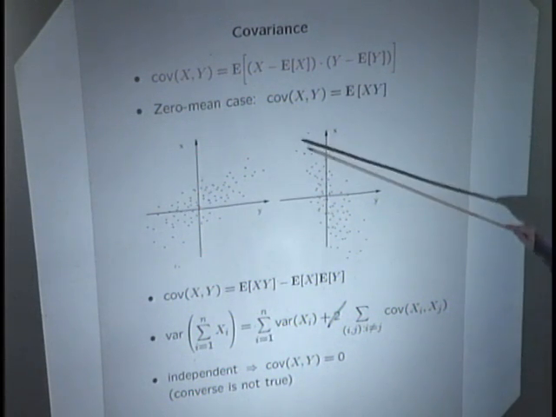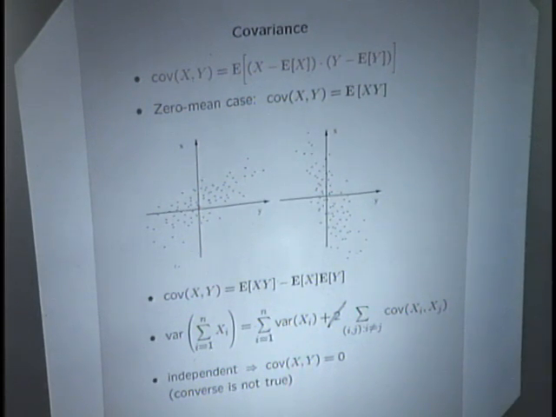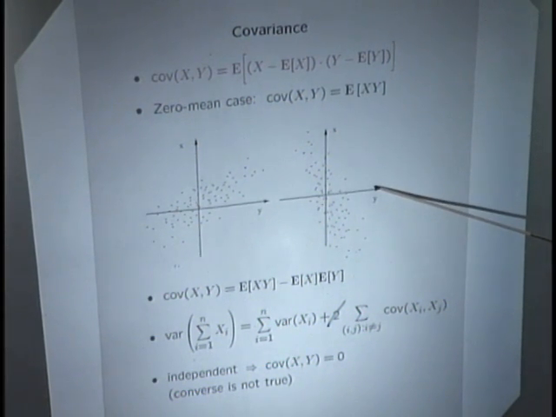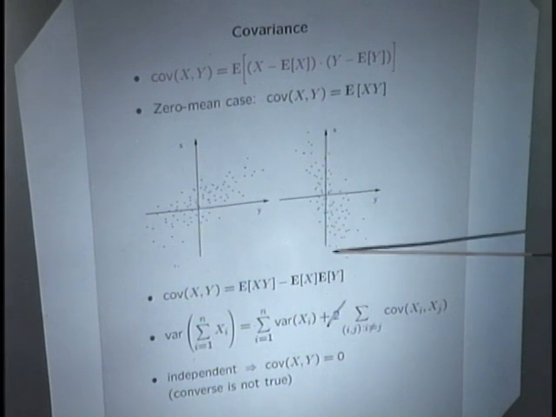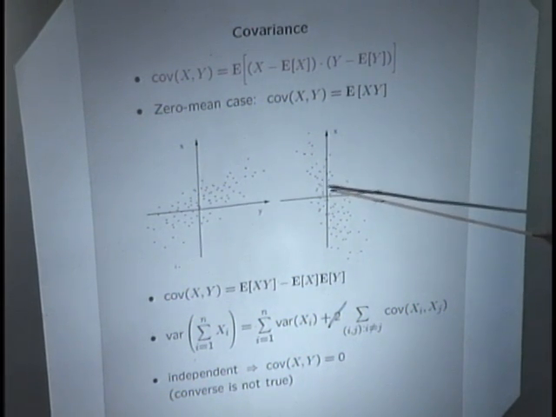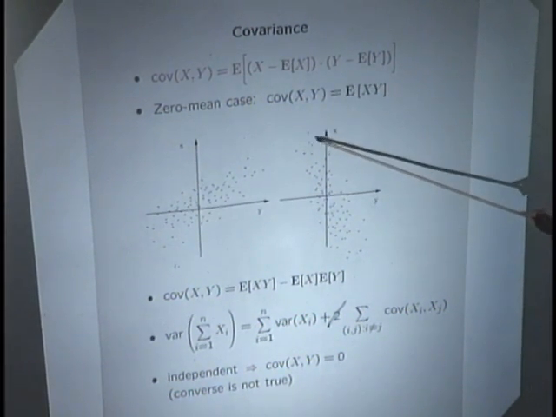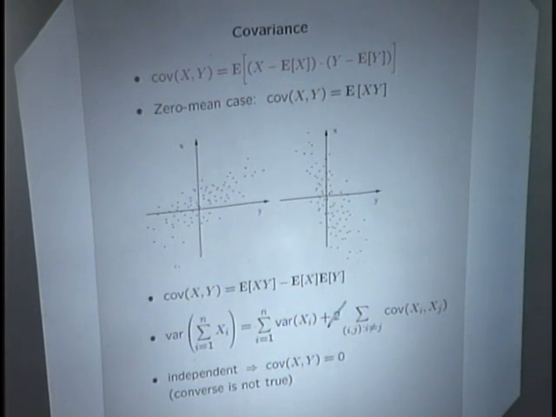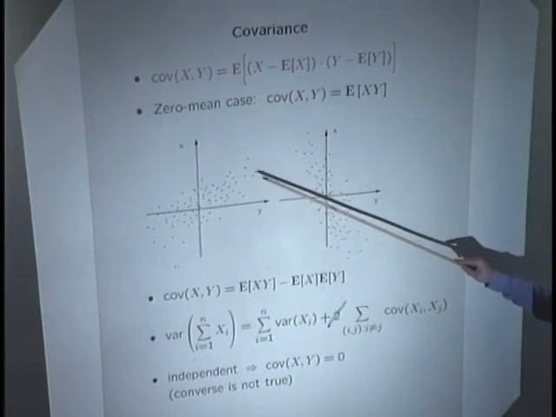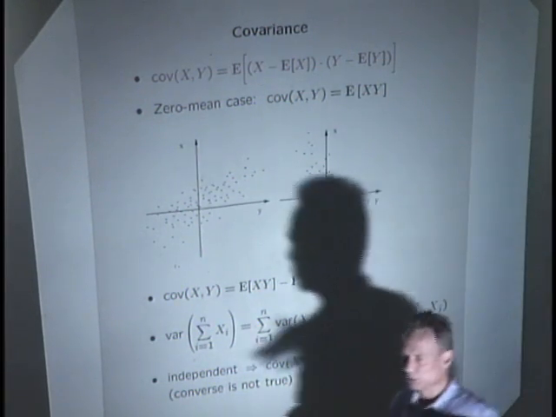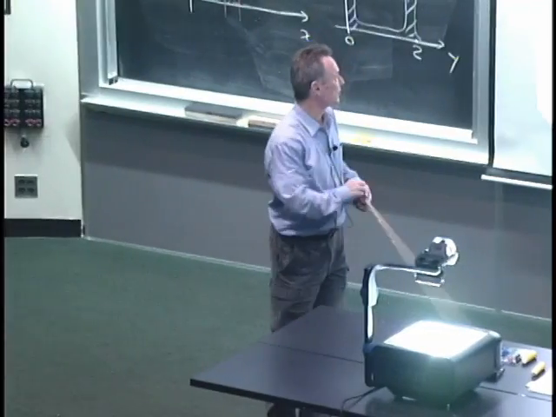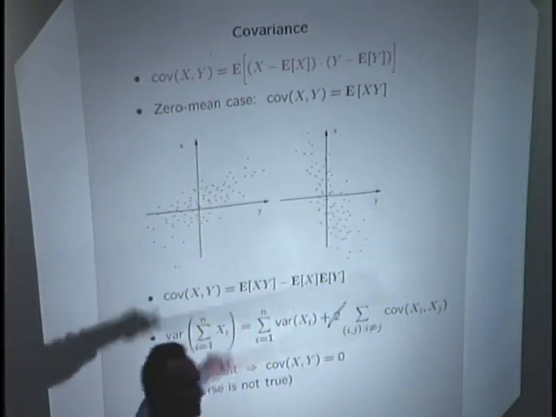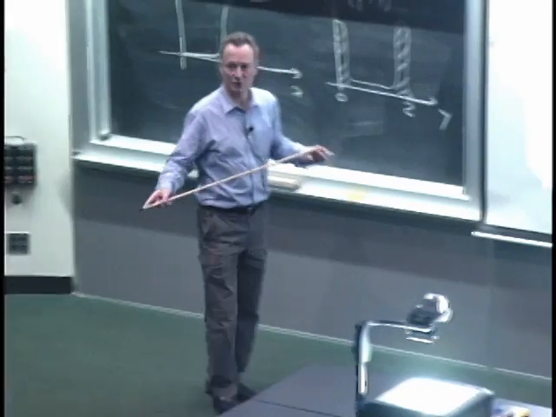Whereas if you have a picture of this kind, it tells you an association that positive y's tend to be associated with negative x's most of the time. Negative y's tend to be associated mostly with positive x's. So here there's a relation that when one variable is large, the other one is also expected to be large. Here there's a relation of the opposite kind. How can we capture this relation between two random variables?